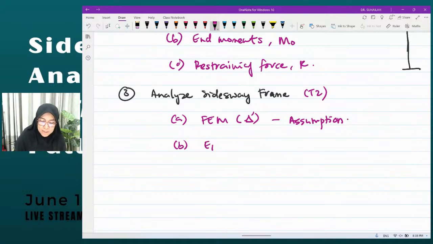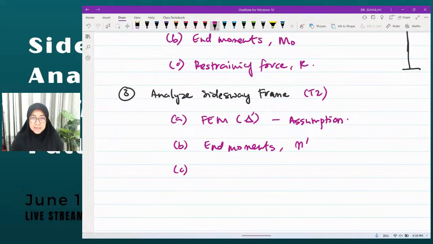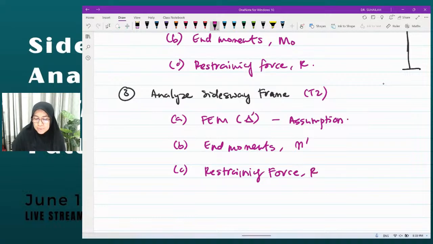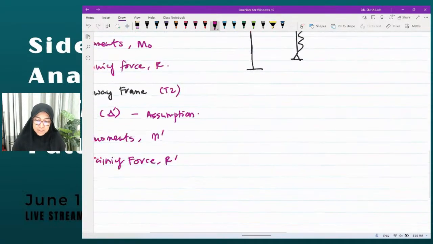Then in 3C, again we repeat the same procedure. We have to calculate the restraining force, and this is R prime. So all that we analyze under step number 3 will be based on another frame.